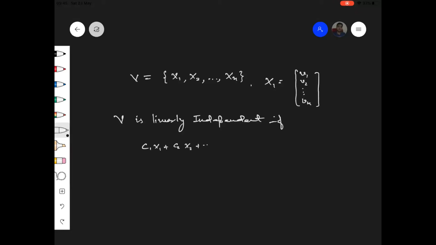So this C1 x1 plus C2 x2 plus Cn xn is called the linear combination, and we are equating this linear combination equal to 0. If you carefully see, this is a homogeneous system of linear equations. If its solution is trivial, that is C1, C2 and Cn equal to 0, then this set V is linearly independent.